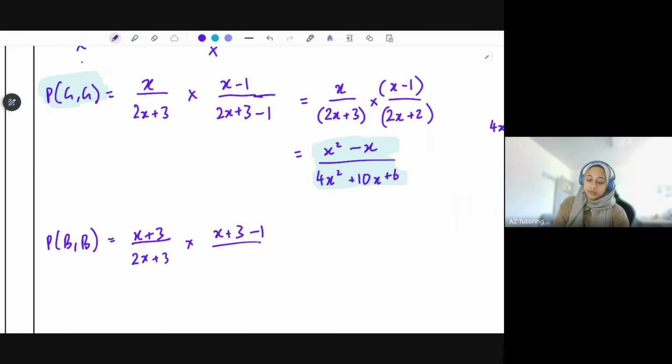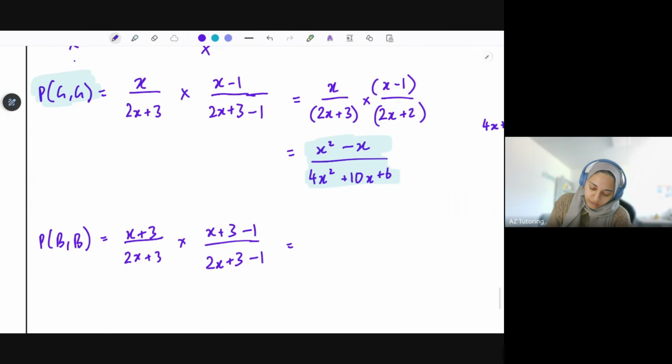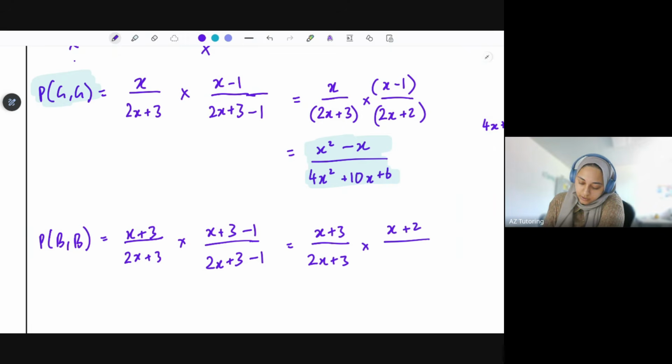So we've taken one out. And again, from the total, we've got 2x plus 3, but we've minus 1 because we have one less in the total. Let's simplify that down. So we've got x plus 3 over 2x plus 3 times x plus 3 minus 1. So we've got x, 3 minus 1 is 2, over 2x, and then 3 minus 1 is just 2.